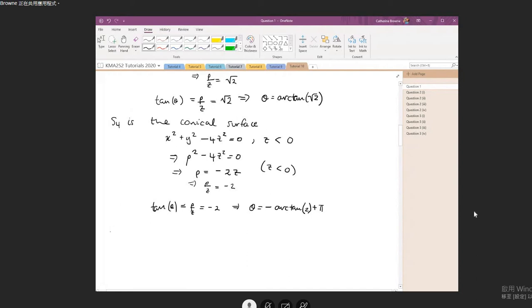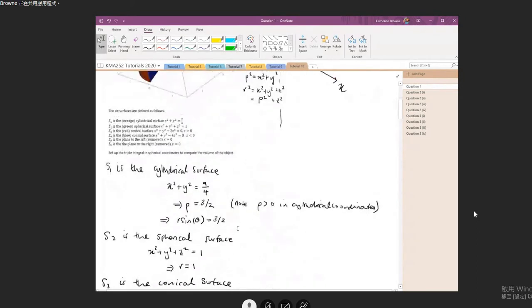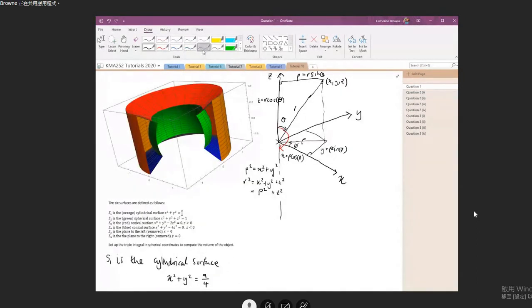And then S5 is just the plane x is equal to 0. So this, I haven't put it in there, but this is surface 5, this purple one here.